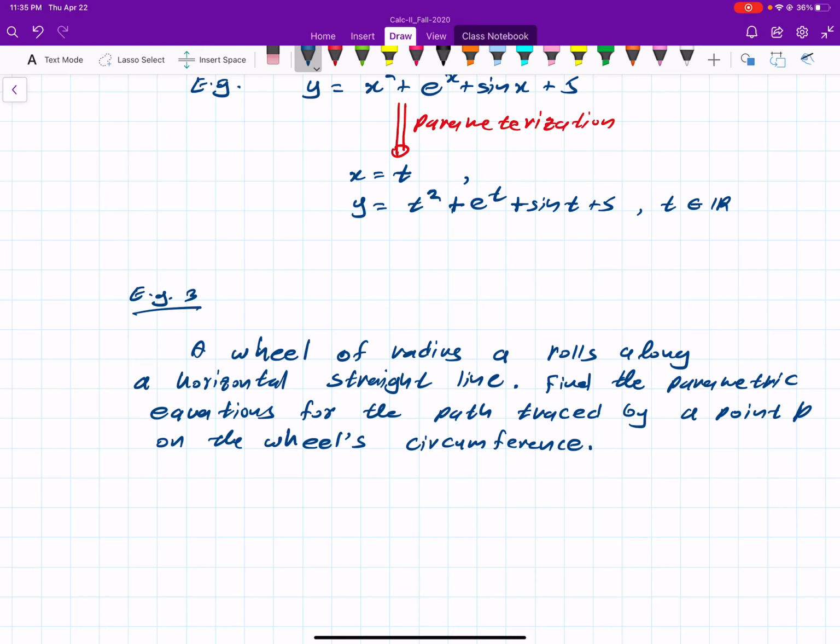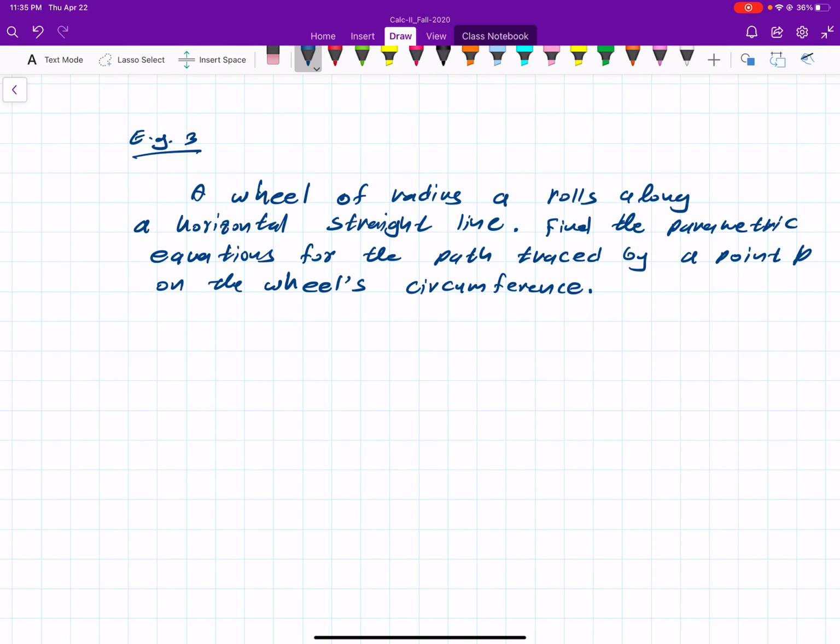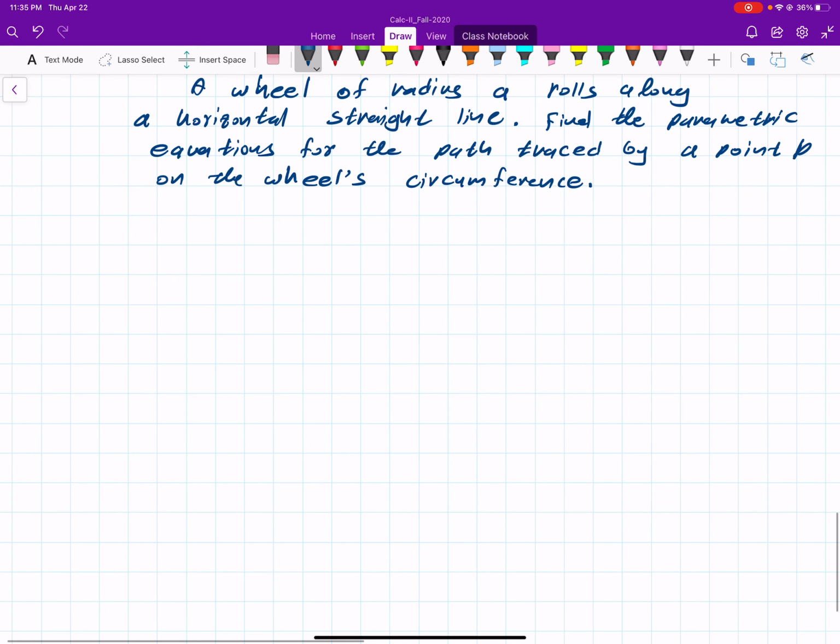All right, so first of all, I will draw a small diagram here. Let us assume this is your y-axis, and this is your x-axis, which is the horizontal line described in this problem. Let's say the wheel is like this at the beginning.